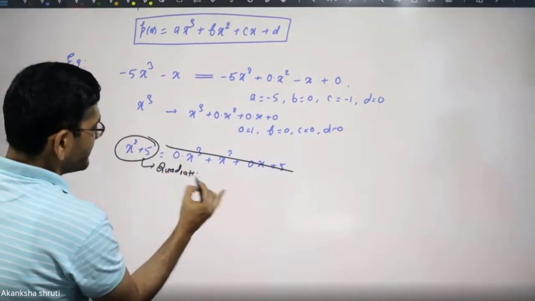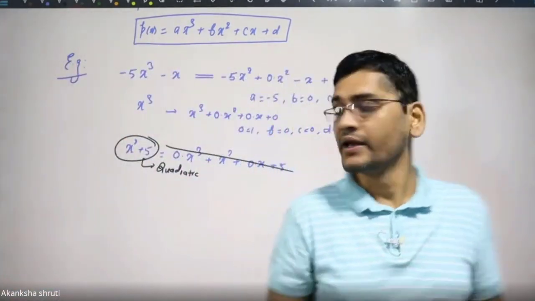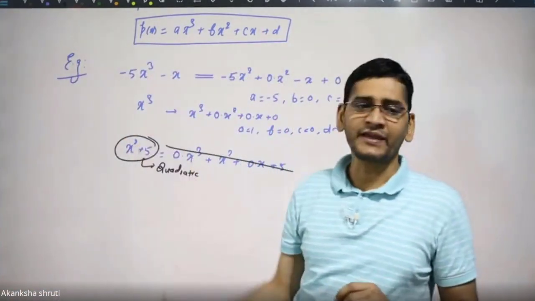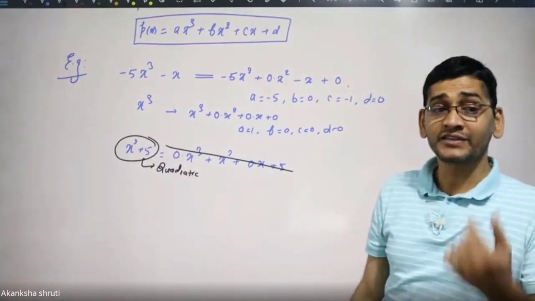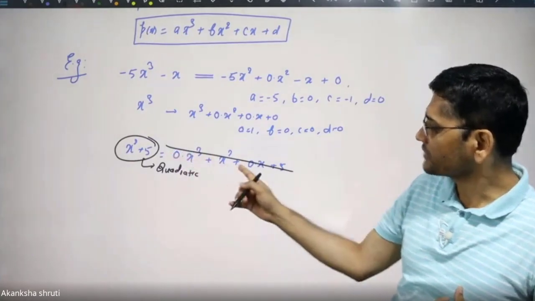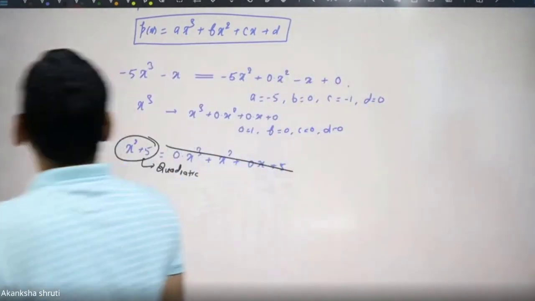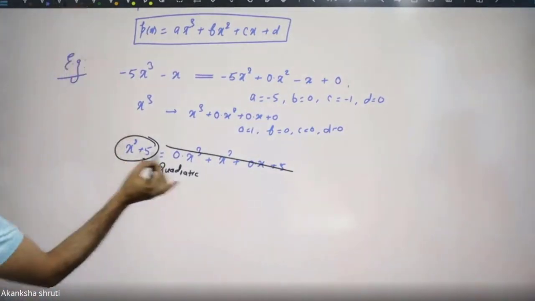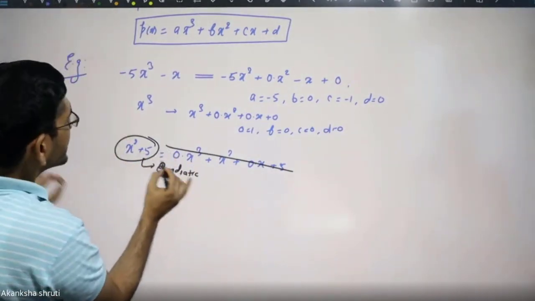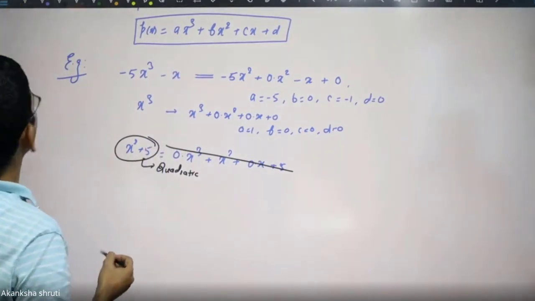So the degree, the highest power of x, must be as given in the question. The power cannot be increased from our side, but lower powers can be considered as missing because their coefficients are 0. It's that simple. So here we observe that the coefficient of x cube cannot be 0.